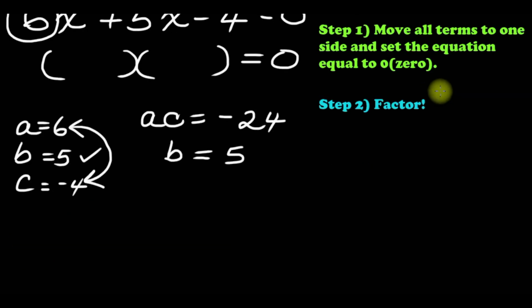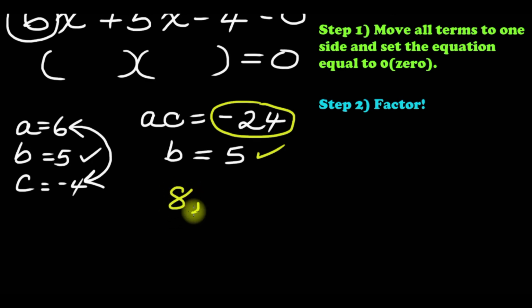The next thing we have to do is come up with two numbers that are factors of negative 24, but when you add those two numbers, it comes out to positive 5. How about factors of 24? How about we go with 8 and 3. 8 times 3 is 24, right?